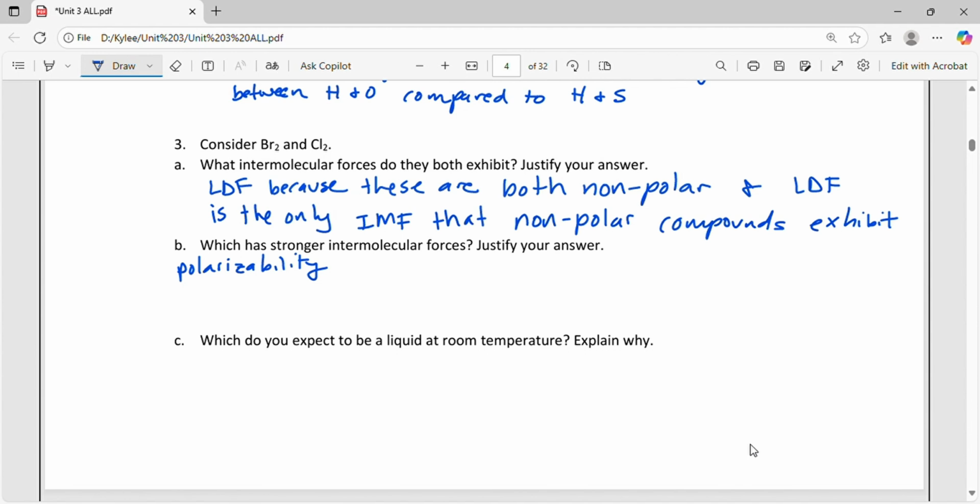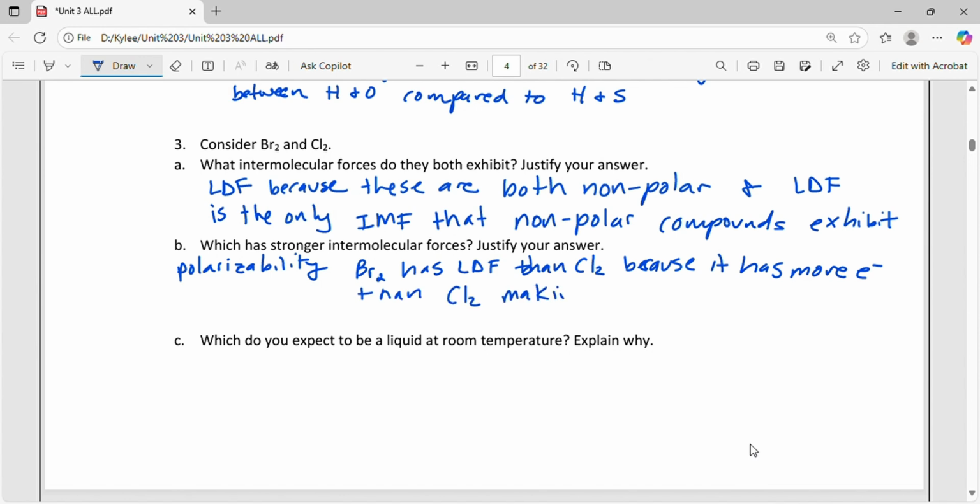So they're going to have the same shape. It has to do with the electrons. If I look on the periodic table, bromine is in the row below chlorine. And that means that bromine is going to have more electrons. I'm going to say Br2 has a stronger LDF than Cl2 because it has more electrons than chlorine, making it more polarizable.